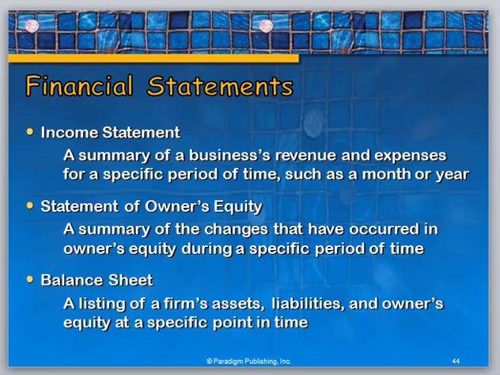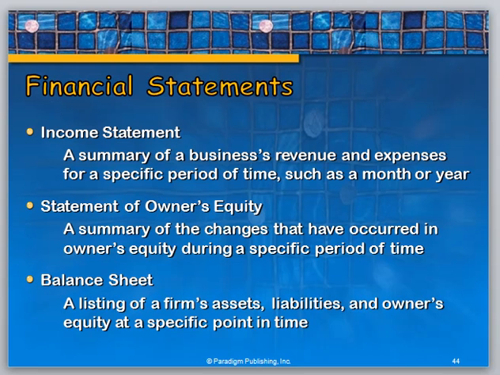So make sure you understand that the income statement shows the firm's revenue and expenses. The statement of owner's equity shows the owner's equity accounts, and the balance sheet shows assets, liabilities, and owner's equity. On the income statement, if you have more revenue than you have expenses, you have a net income.